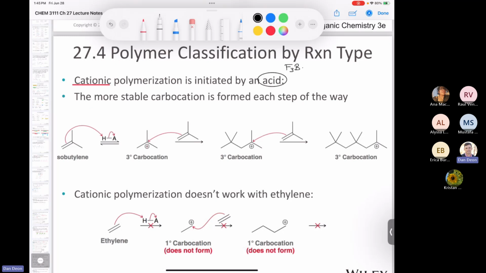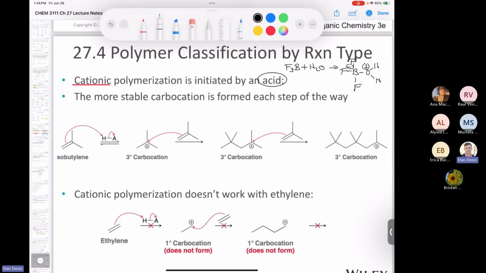So we mix boron trifluoride with water, and then we end up with this zwitterion. If I can draw the whole thing here, it looks like this: you have a positive charge here, and then you have a negative charge on your boron like that. So that is the acid that oftentimes is used to initiate the reaction, but it's just something I wanted to show you once.